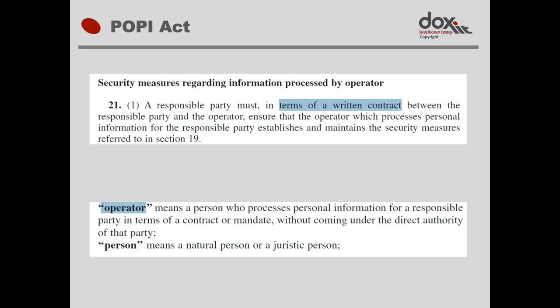The POPI Act requires that a responsible party, this assumedly is the party sending the document with personal information, must, in terms of a written contract between the responsible party and the operator, assumedly Dropbox or Google in this case, ensure that the operator which processes personal information for the responsible party establishes and maintains the security measures referred to in Section 19. The operator means a person who processes personal information for a responsible party.